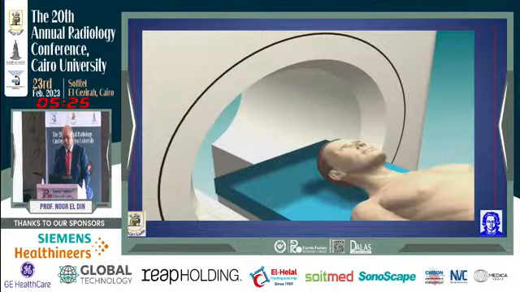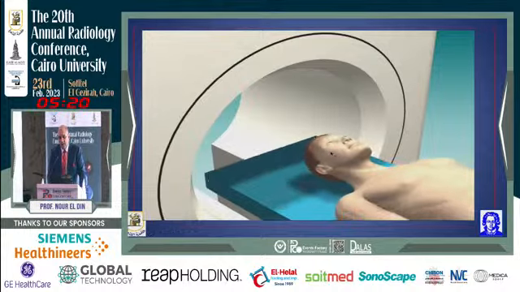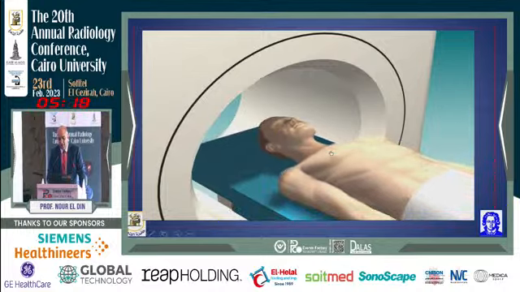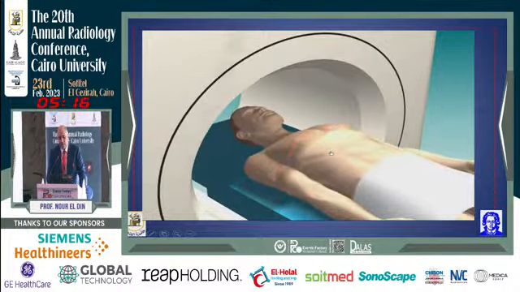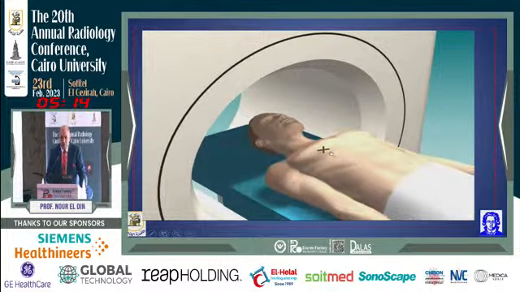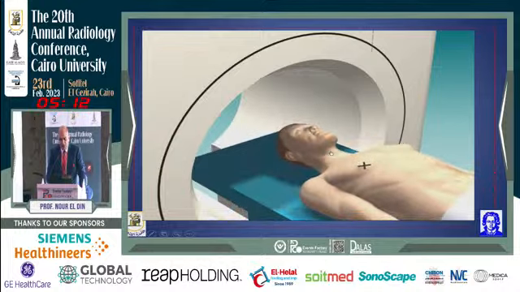But how do we do the ablation therapy for patients? We do it, of course, for the lung under CT guidance. The patient lies supine or lateral, but prone position is not preferred by many of the patients.